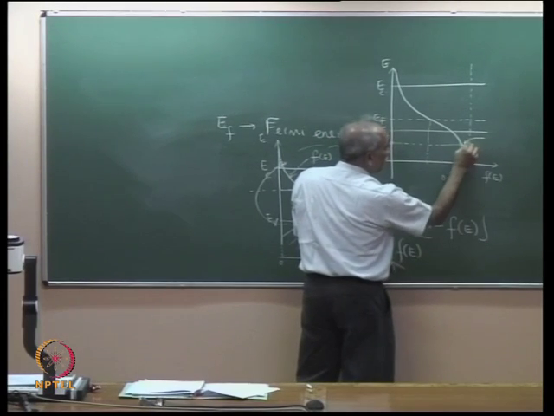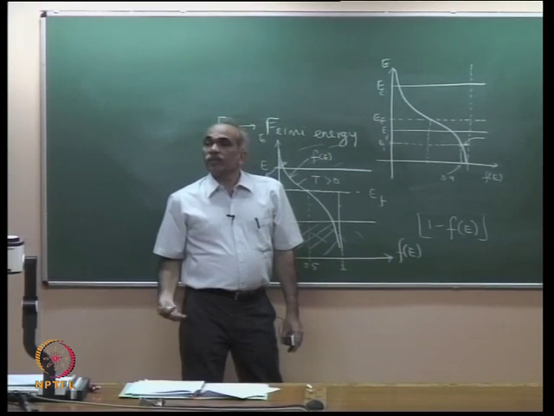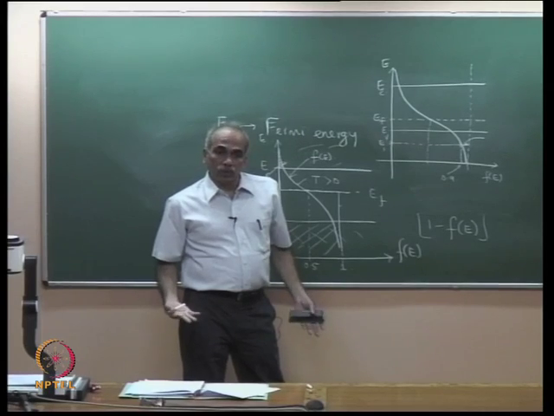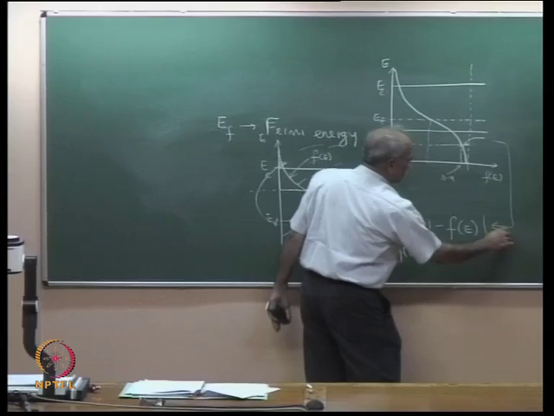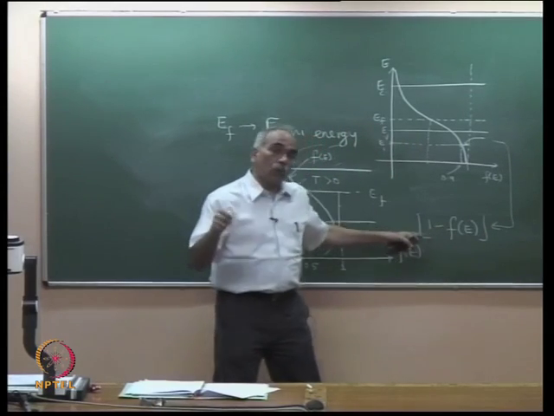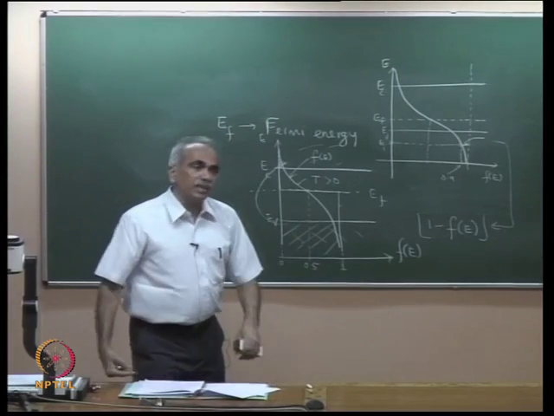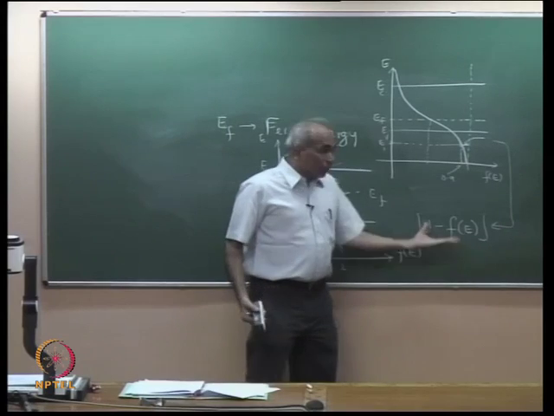This is the probability that the state is vacant. A vacant state in the valence band represents what? It's a hole. Therefore, 1 minus f of E represents the probability of occupation of a hole.